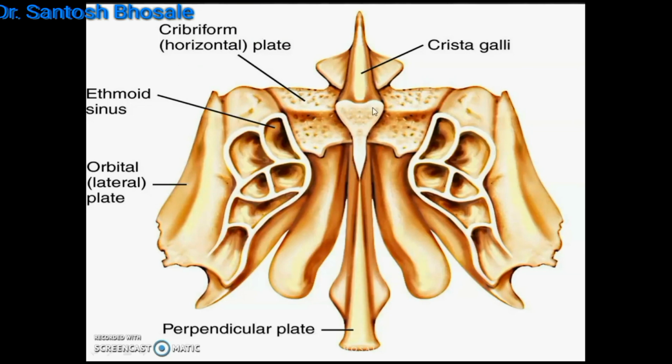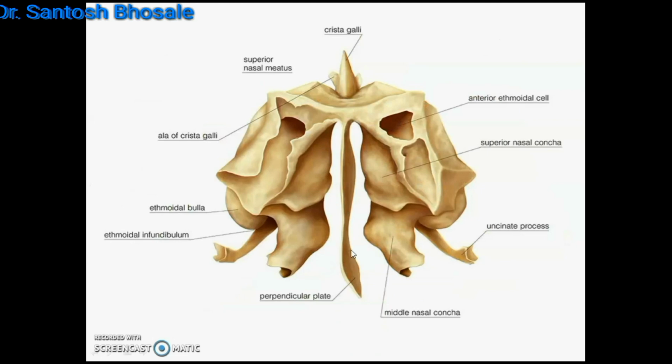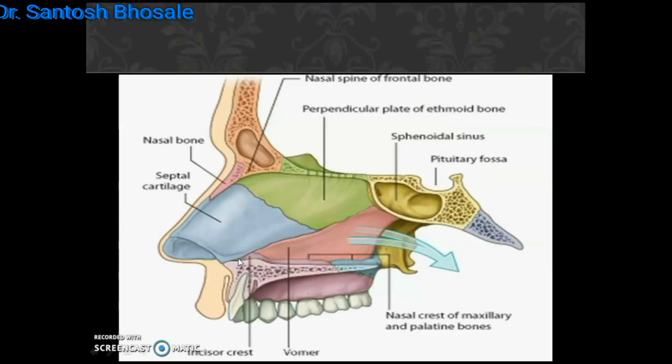Above it has a crista galli to which falx cerebri attaches, and on either side of crista galli you will see the cribriform plate of ethmoid through which the olfactory nerve enters. On either side of the cribriform plate, descending downward and laterally, you will see the lateral mass or labyrinth of the ethmoid, forming the superior and middle turbinates or superior and middle nasal concha. You can see in this one.